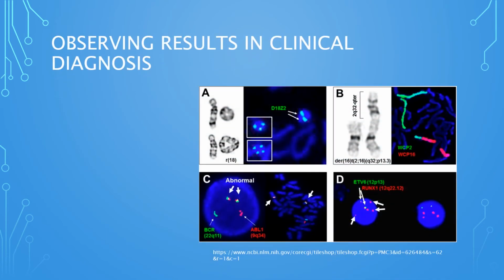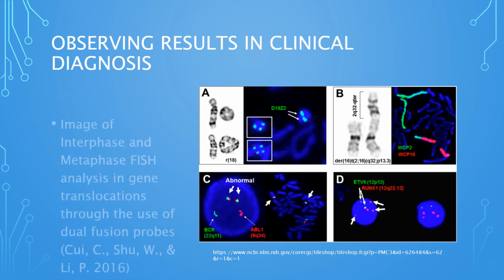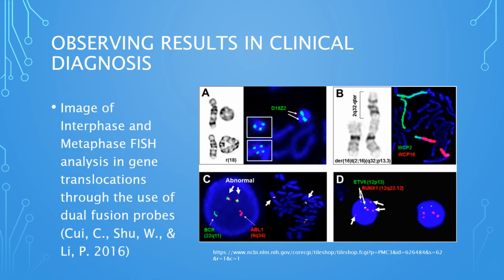The fluorescence FISH images can be used in clinical diagnosis of a patient. A recent research article describes the interphase and metaphase FISH analysis in gene translocations through the use of dual fusion probes. And these probes are multicolored.